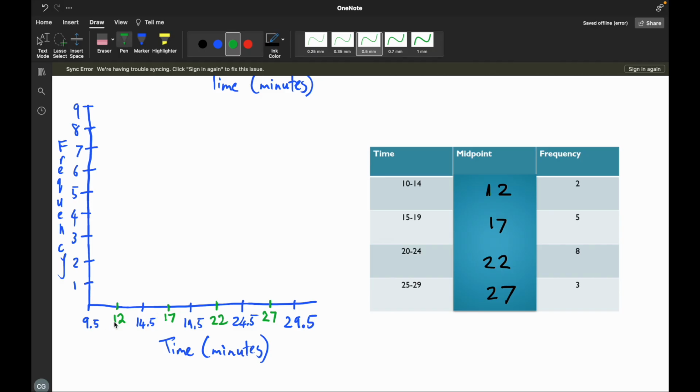I'm having these here kind of like ghost points, just so I could have an idea as to where I'm supposed to be. So I know dead center of my boundaries, I will find my midpoint. It only makes sense. A midpoint is always the middle of two boundaries, right? So then now, my 12 matches with 2. So I could put a dot here. Some people like to put an X, but you could put a dot.